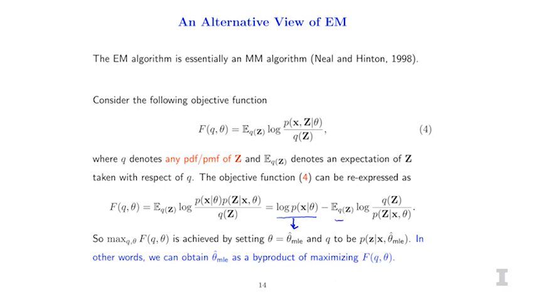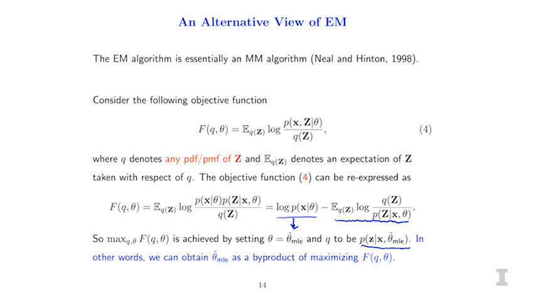And for the second term, the minus KL divergence, we want to make the KL divergence as small as possible, and the smallest value we could achieve is 0 by setting q of z equal to p of z given x, and theta equal to the MLE. So in other words, we can obtain the MLE of theta as a byproduct of maximizing this f function.